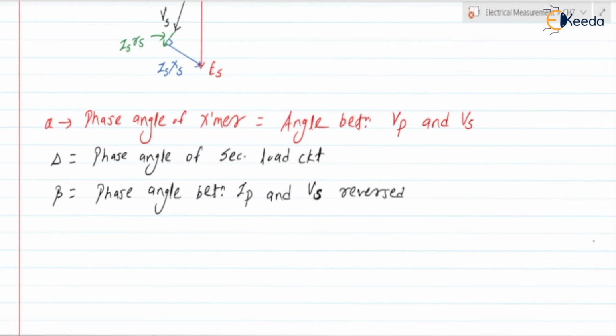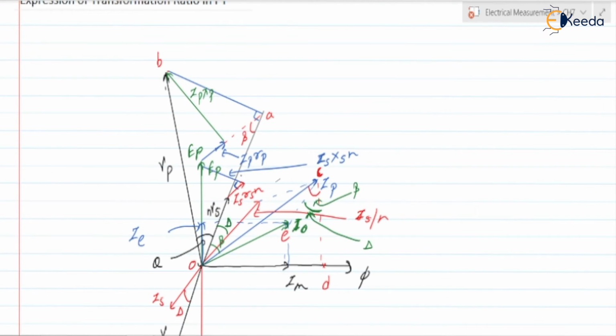Next, by considering the triangle OAB, we can write OA is equal to Vp into cos theta.